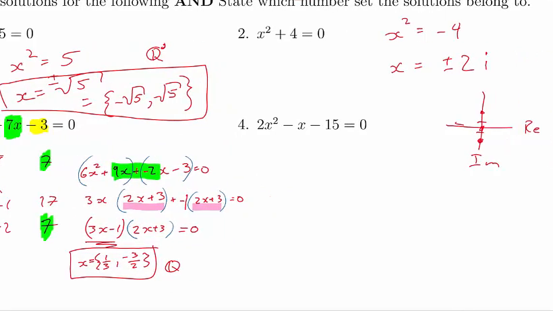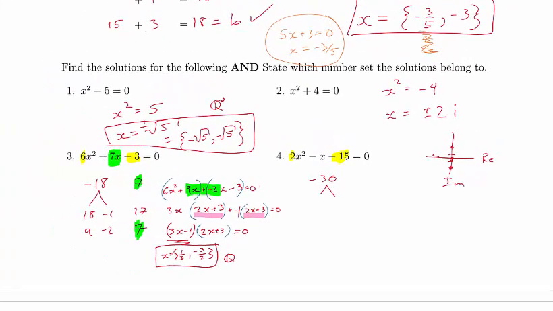2x squared minus x minus 15. So first thing we do, a times c. Right, here's the a, there's the c. So we got negative 30. So now let's find the rational pairs.